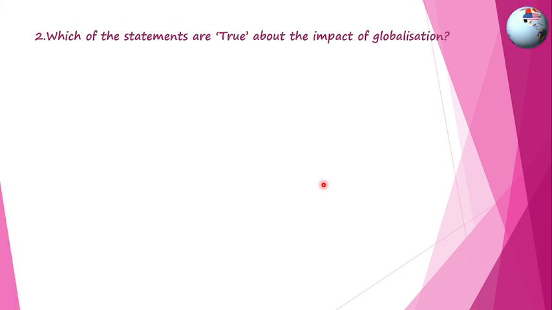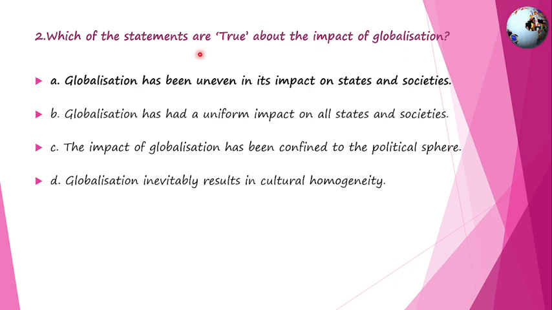Now the next question is: which of the statements are true about the impact of globalization? The first is, globalization has been uneven in its impact on states and societies. The second is, globalization has had a uniform impact on all states and societies.